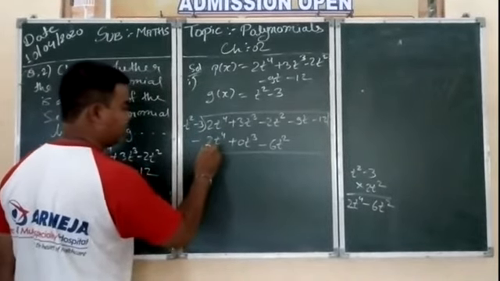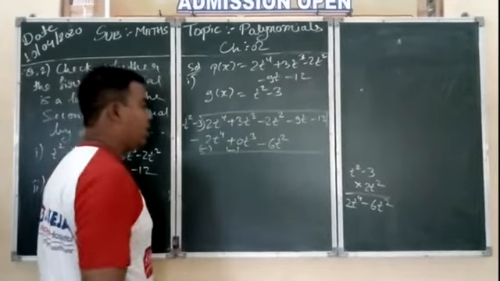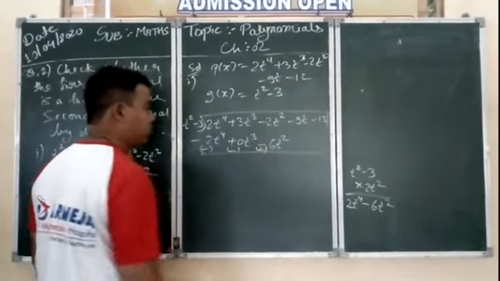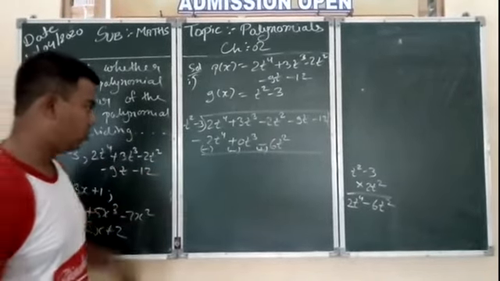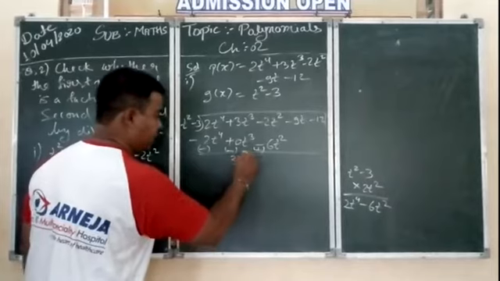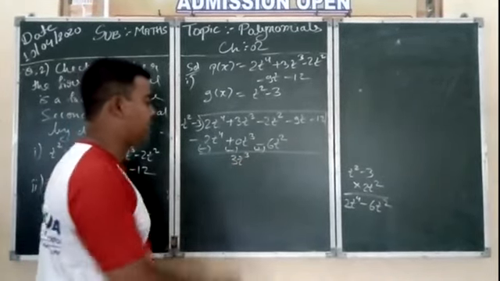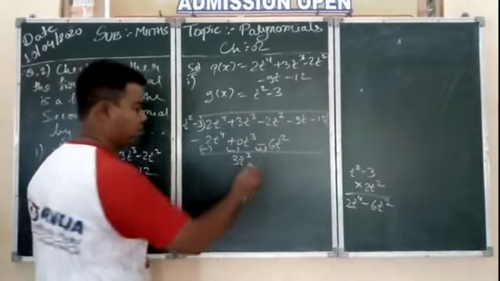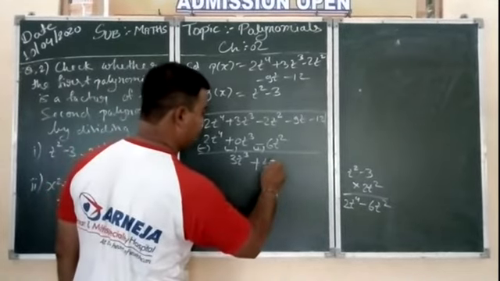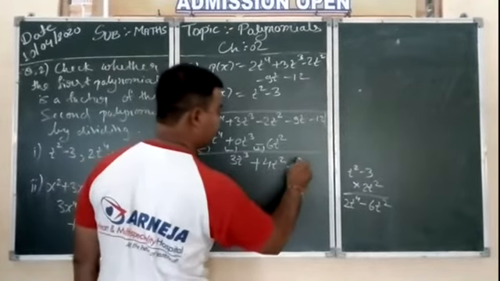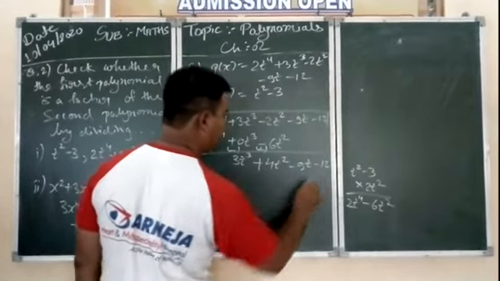Now 3 minus 0 is 3, so the answer is 3t cube, minus 2 plus 6 is plus 4t square, minus 9t and minus 12.